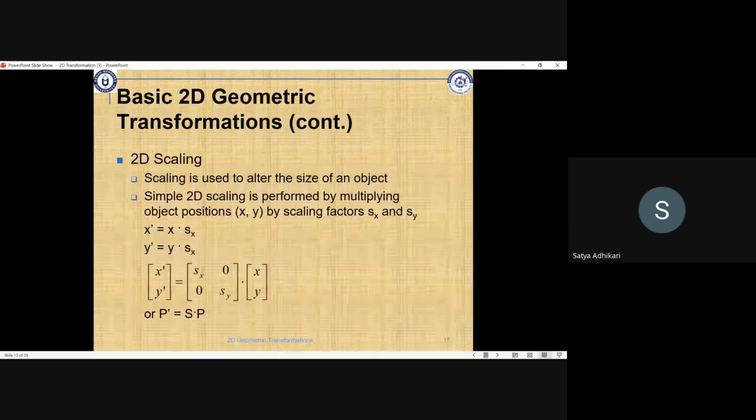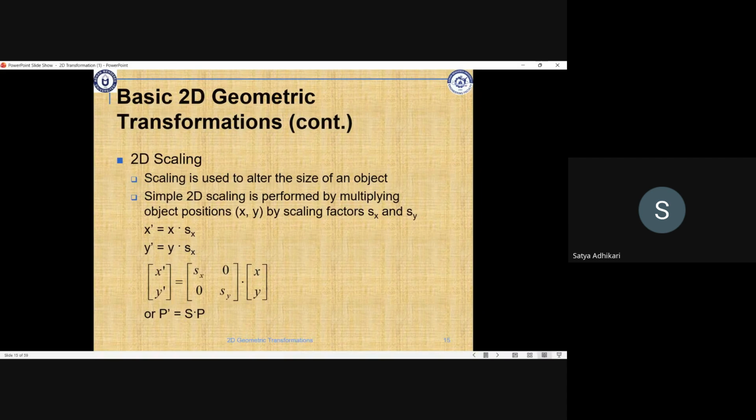The new x value can be calculated as the original x value multiplied by the scaling factor. Sx means the scaling factor about the x axis. But please recall, in place of multiplying, in translation we were adding, that is x dash is equal to x plus tx. Here it is x dot sx.